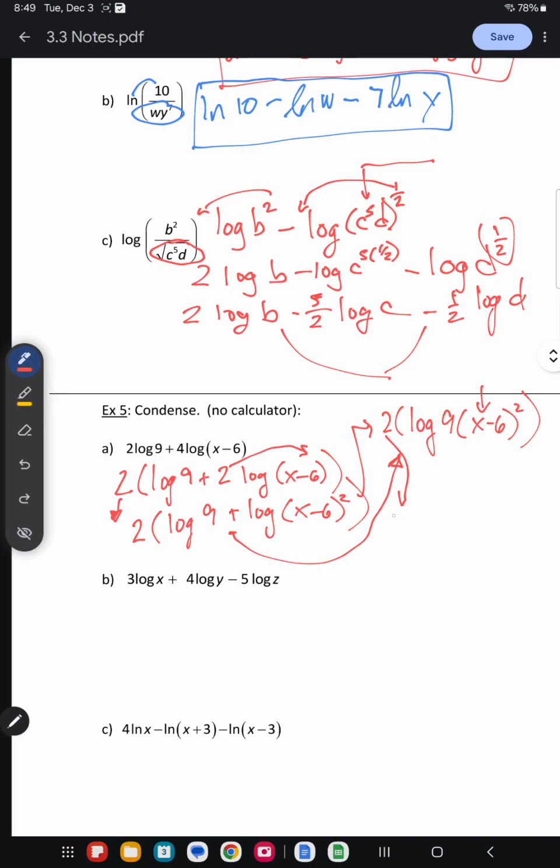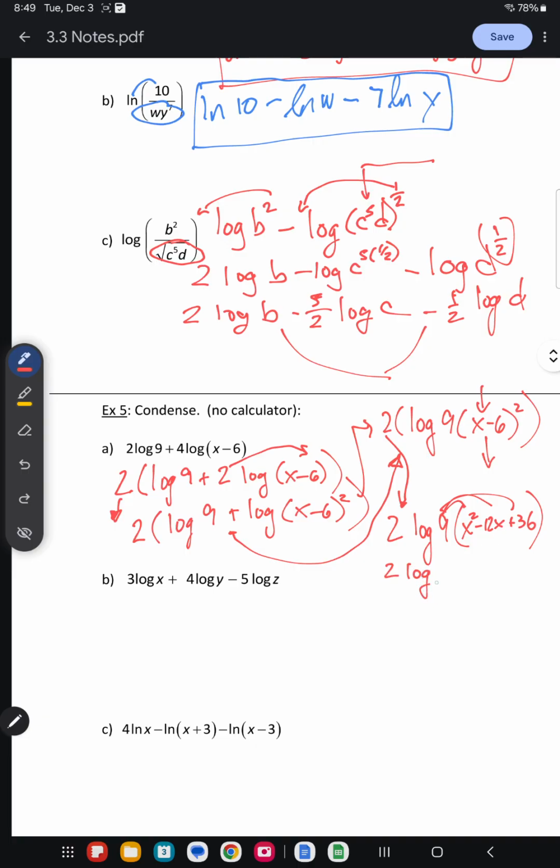So this 2 comes down here. Again, we don't touch it. And then we have our logarithm of 9, and then in parentheses is going to be this expanded, which is x squared minus 12x plus 36. And then this is the number we distribute, not the 2. This number here gets distributed.